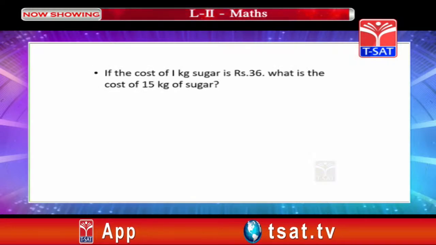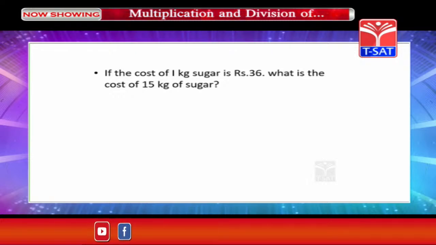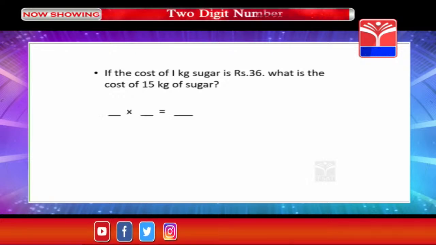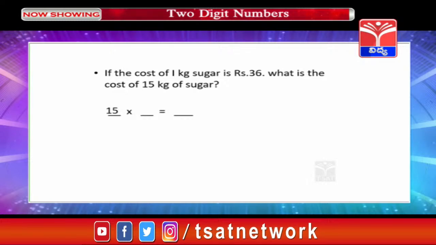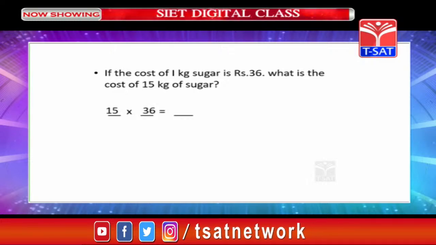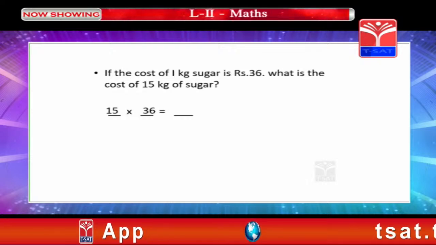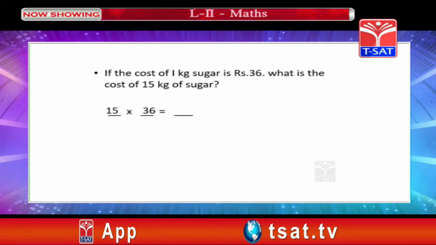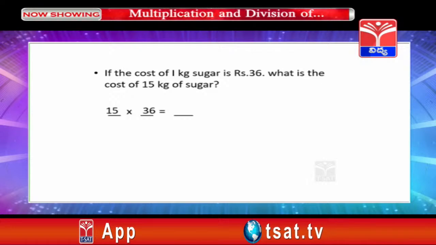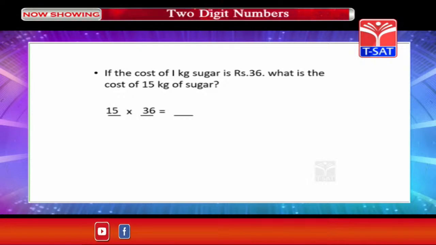Next, if the cost of 1 kg of sugar is 36 rupees, what is the cost of 15 kgs of sugar? See, this is 15 times 36. See, children, we are going to some bigger numbers, that is, 2-digit numbers in multiplication. So 15 into 36, can you add 36 fifteen times?